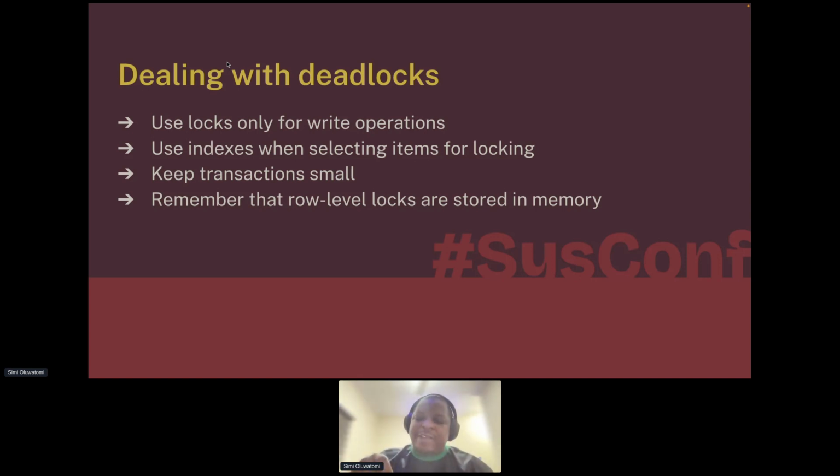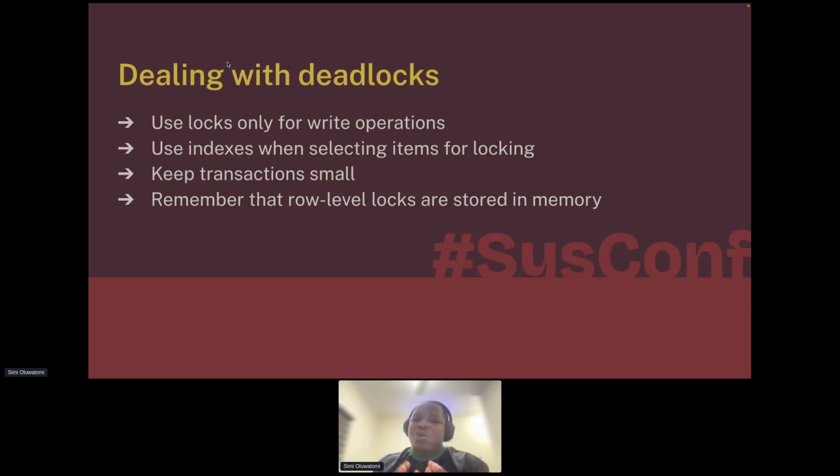So if you are not careful, by the time you are carrying locks up and about, you are locking everything, locking everything, locking everything. The RAM of your database is going to be used up. Once the RAM is used up, instead of locking the rows, your database will now lock the table itself. And once it locks the table, trouble has happened. Like everything has come to a standstill.